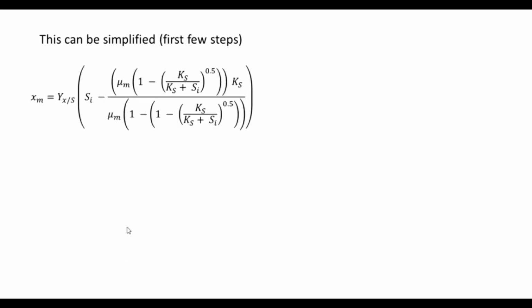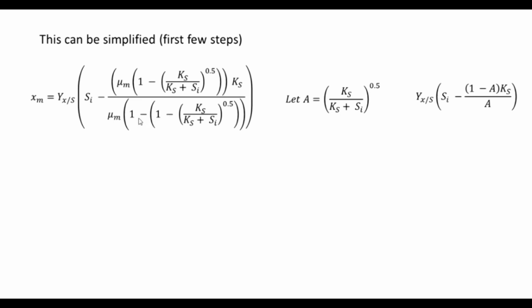This can be simplified. The first few steps are shown here. This is the starting expression, and for simplicity I take A to represent Ks by Ks plus Si to the power of 0.5. I am showing these steps because I can quickly show them to you, not like the other derivations which would take a long time. So you could write this as just the right hand side alone: Y X/S times Si minus 1 minus A into Ks divided by 1 divided by this.